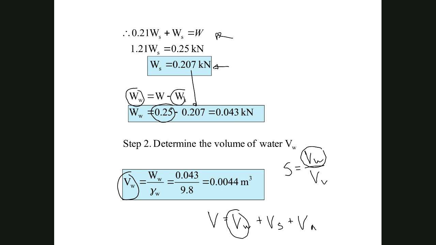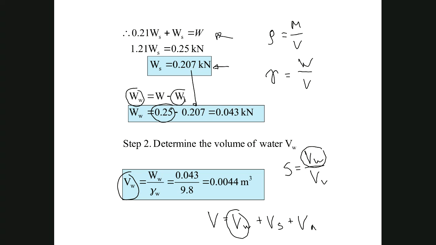And the way that we find it is we use the definition of density. Density is mass divided by volume. If we use the definition of unit weight, we just replace mass with weight divided by volume.